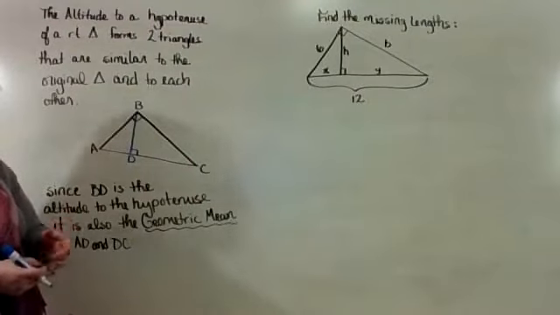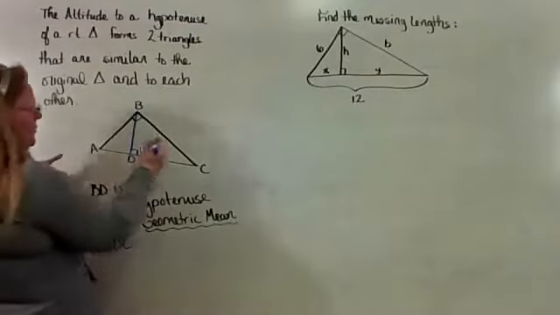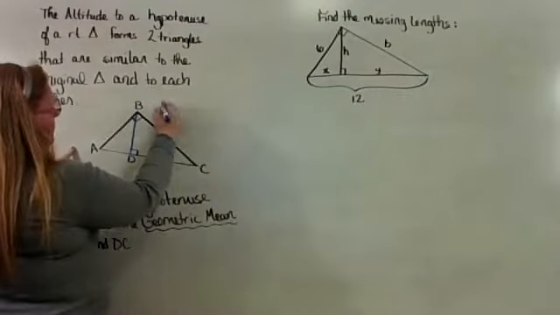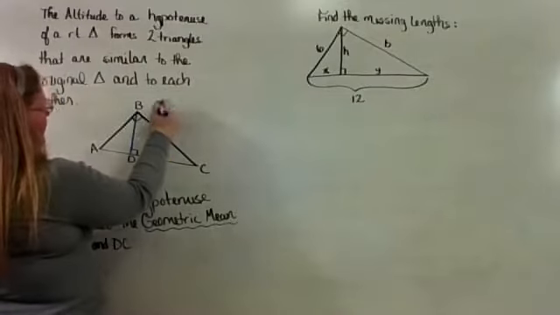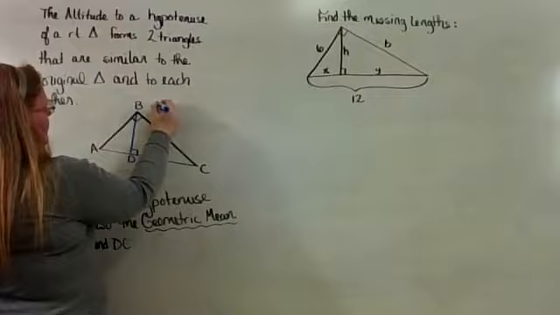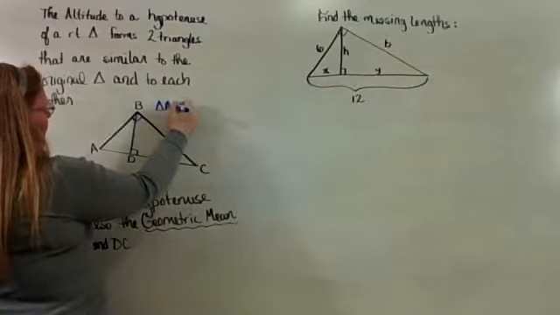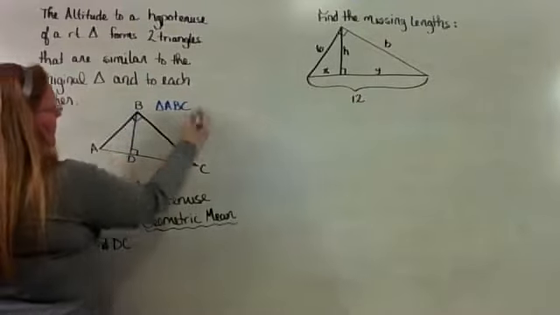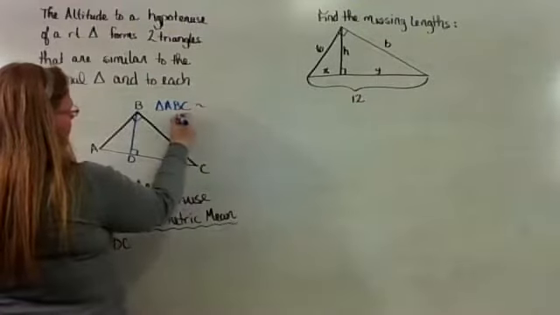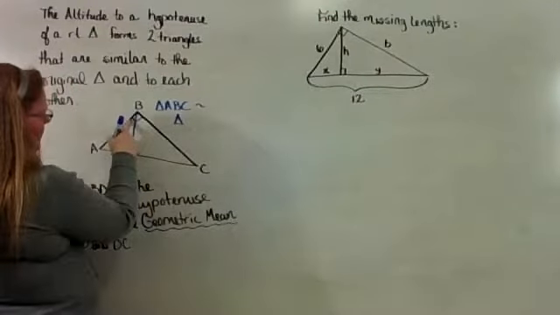I know that's a lot to do. You're going to have to make sure all your angles are correct. So when you're going through and you're stating things, remember that similar angles have to be corresponding to similar angles. So I would say that triangle ABC, because B is my right angle, is similar to triangle, going with a really small one.